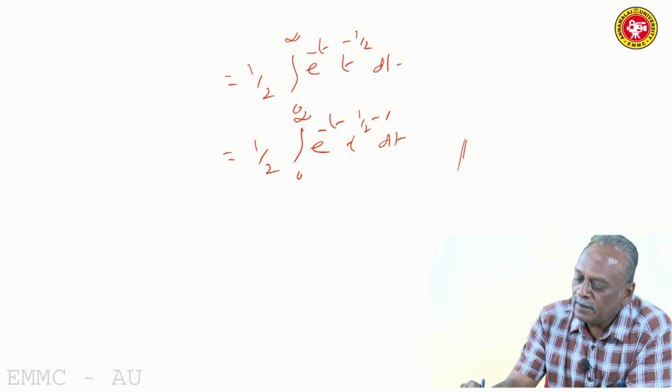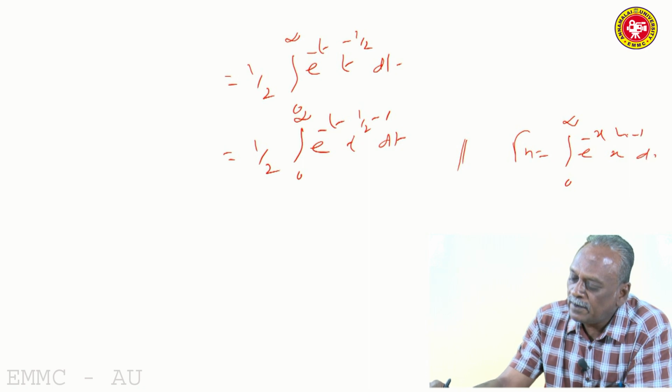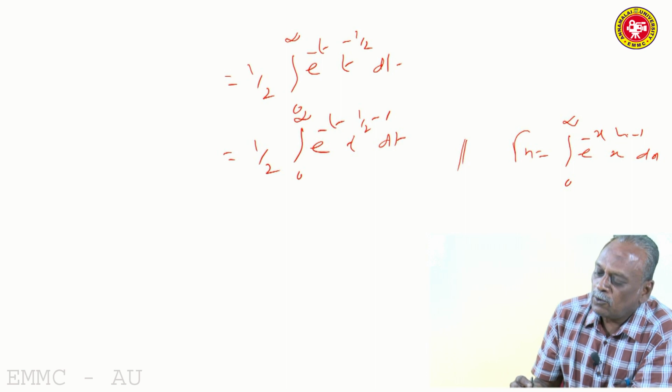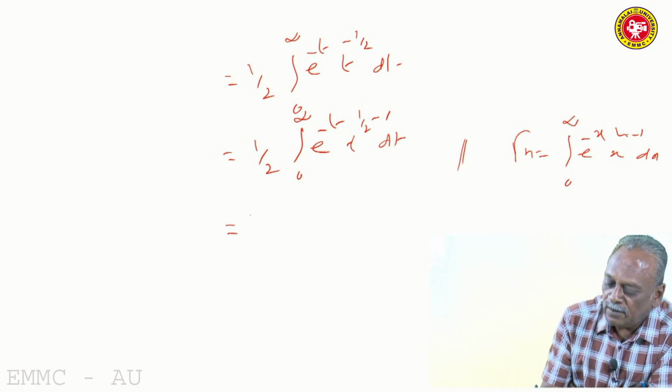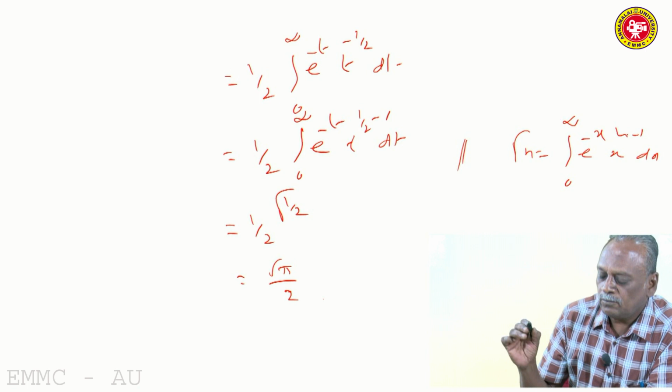We know that gamma n equal to integral 0 to infinity e power minus x, x power n minus 1 dx. Comparing these two, here n equal to 1 by 2. So this is equal to 1 by 2 gamma 1 by 2. Thus we get the proof: gamma 1 by 2 equal to root pi by 2.